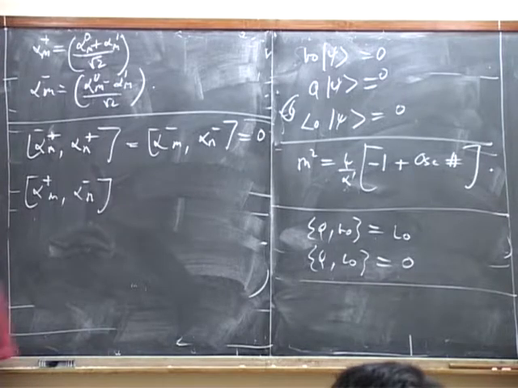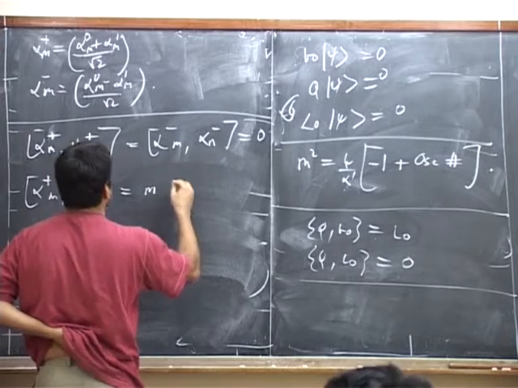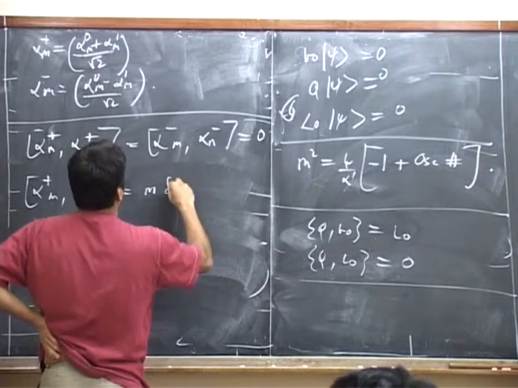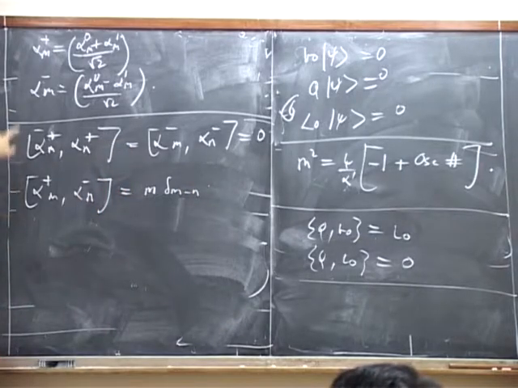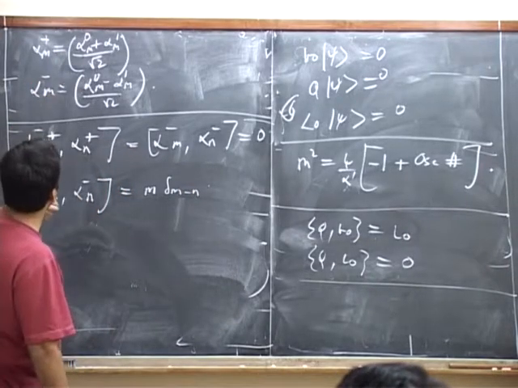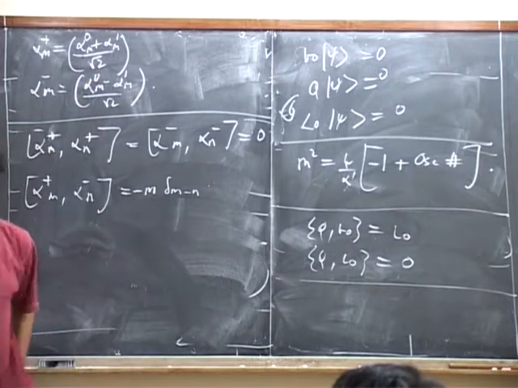Let's compute it and write this as m delta m minus n. From the 0 terms we would get a minus sign, and from the 1 terms we also get a minus sign. So that's a minus.